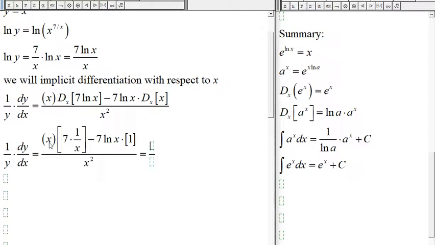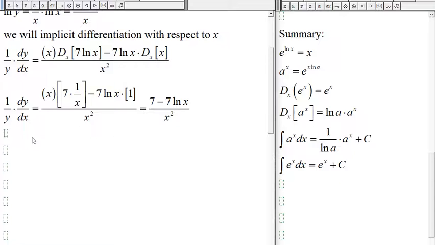And then this is 7 times 7 over x, so we just get 7, and then minus 7 ln x times 1, which is 7 ln x. And in the bottom we have x squared. And then we multiply both sides by y, and so we end up with this right here.